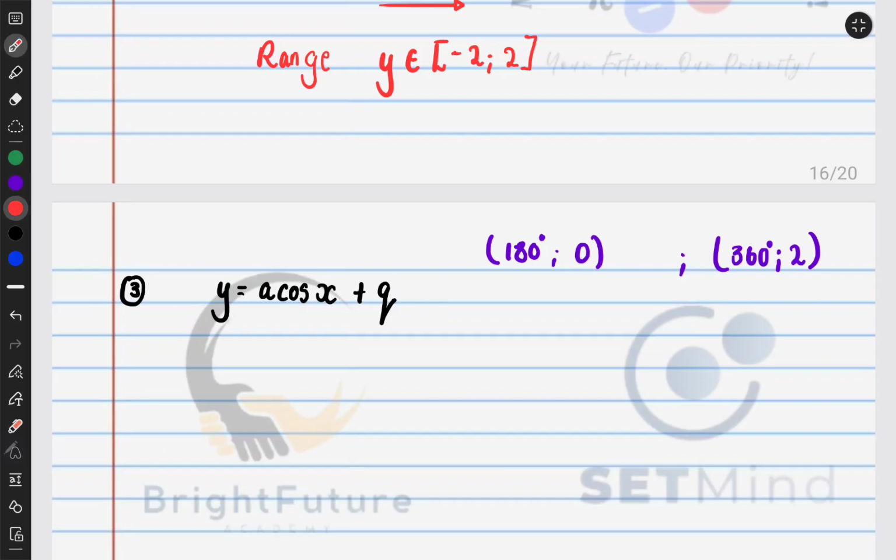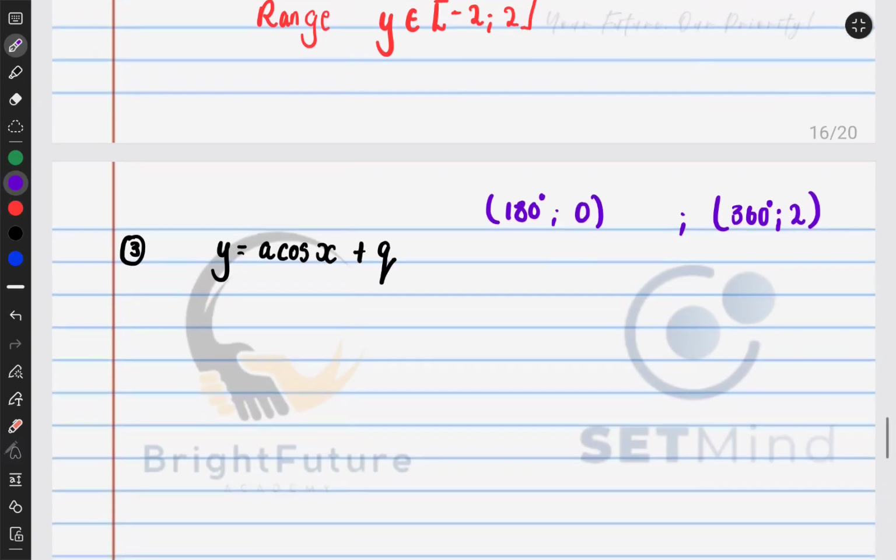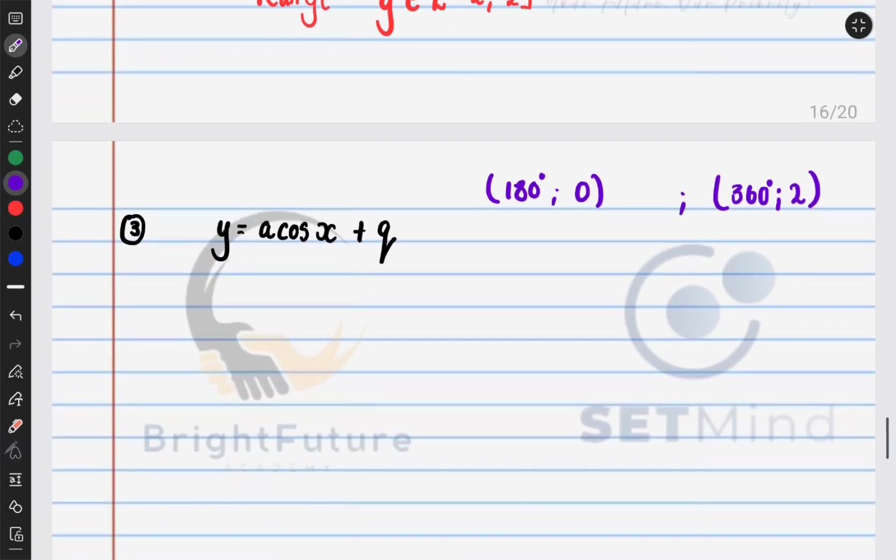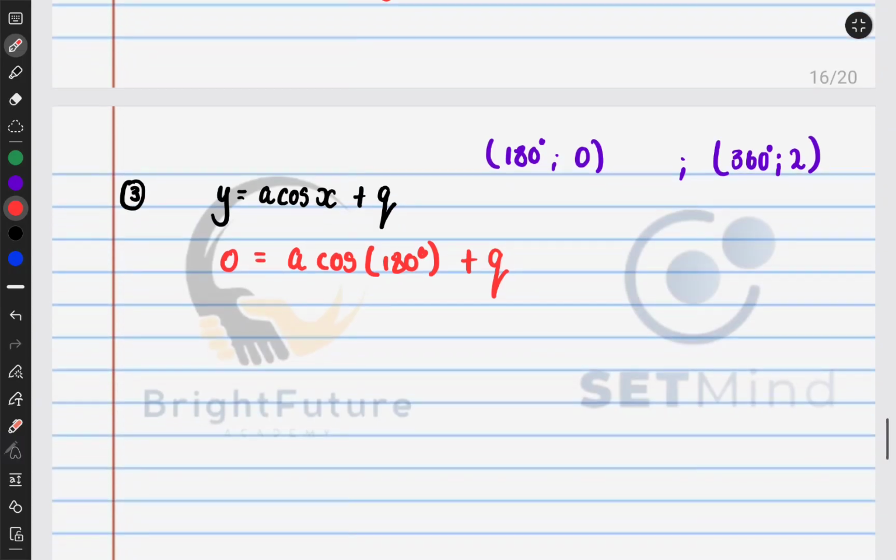So we substitute the coordinates in order to form our formula. We have two unknowns, so let's start with the first coordinate of 180. Where x is 180 degrees, y is 0. It's equal to a cos 180 degrees plus q. What is cos 180 degrees?